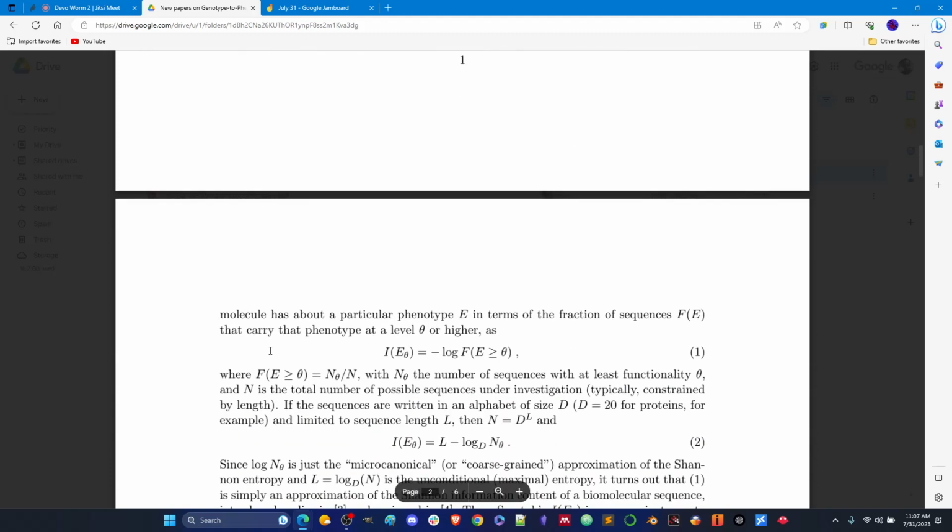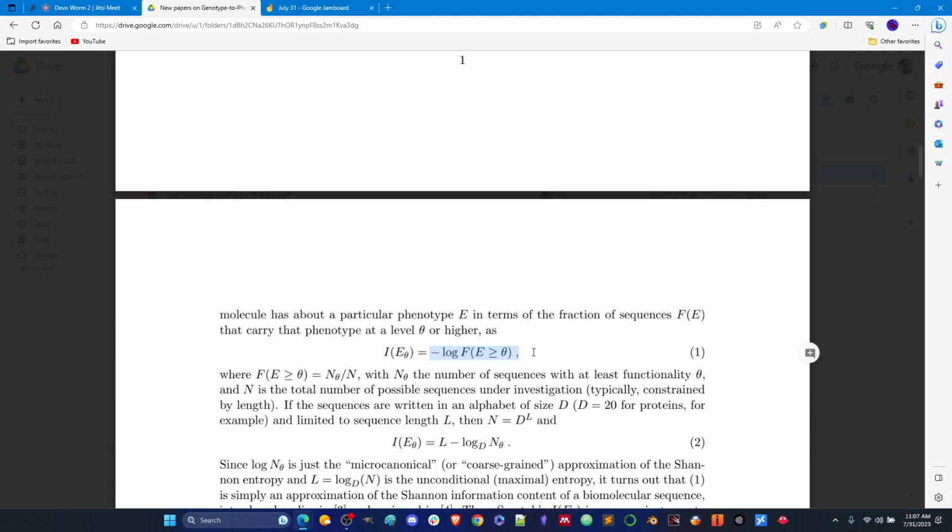A molecule has a particular phenotype E in terms of the fraction of sequences F_E that carry the phenotype at level E or higher as this. So this is the information, and then this is log F. So this is basically an information metric on this.